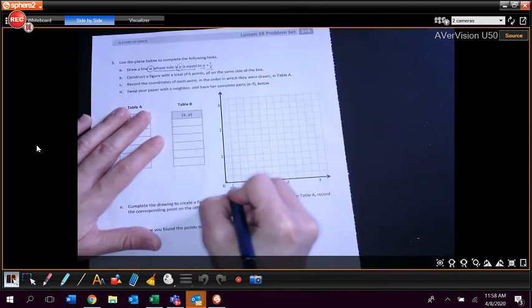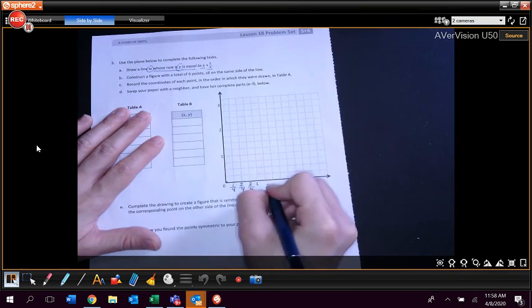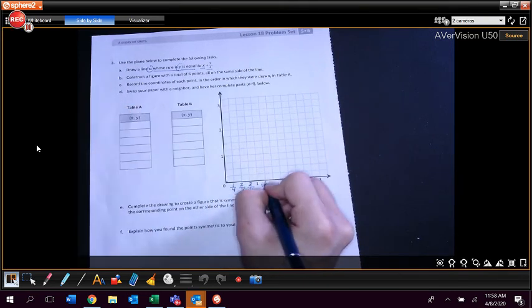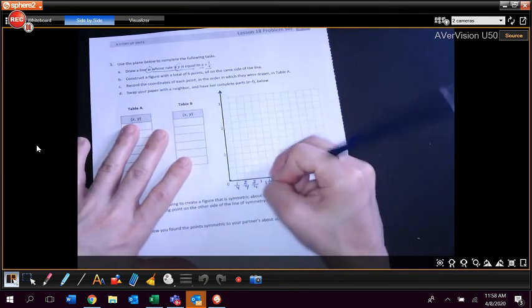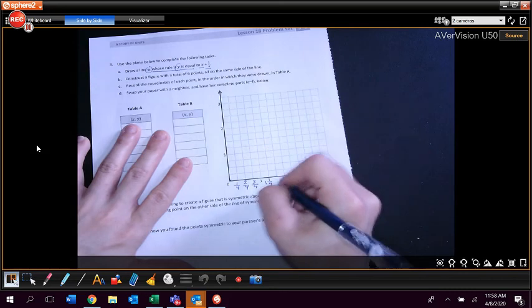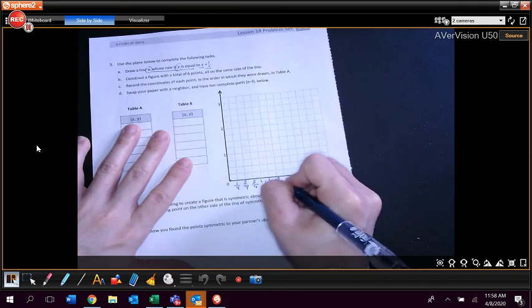Before we do this, let's just make sure that we filled out our graph, because if not, it's going to be a little bit hard to do. Oh, I made a mistake. It was 1/4, 1 2/4, 1 3/4, and so on.